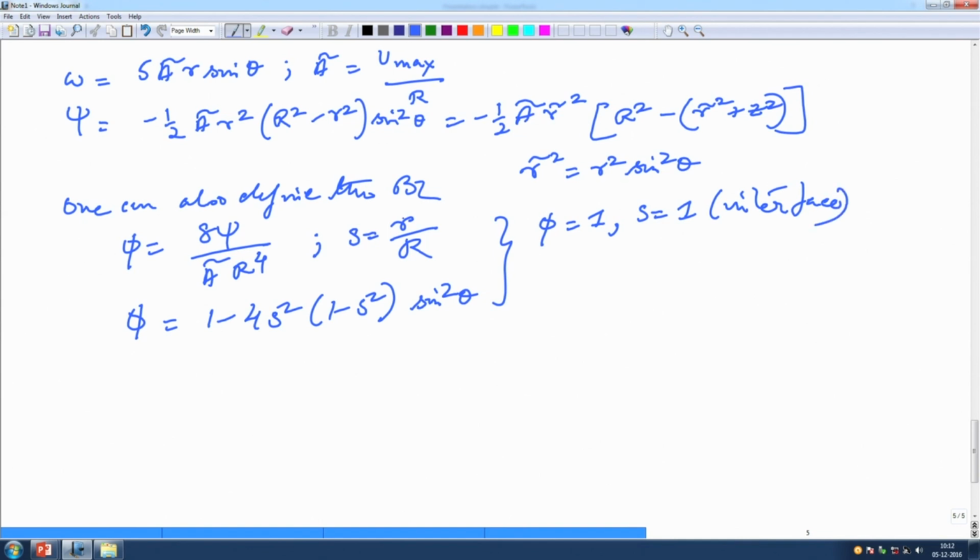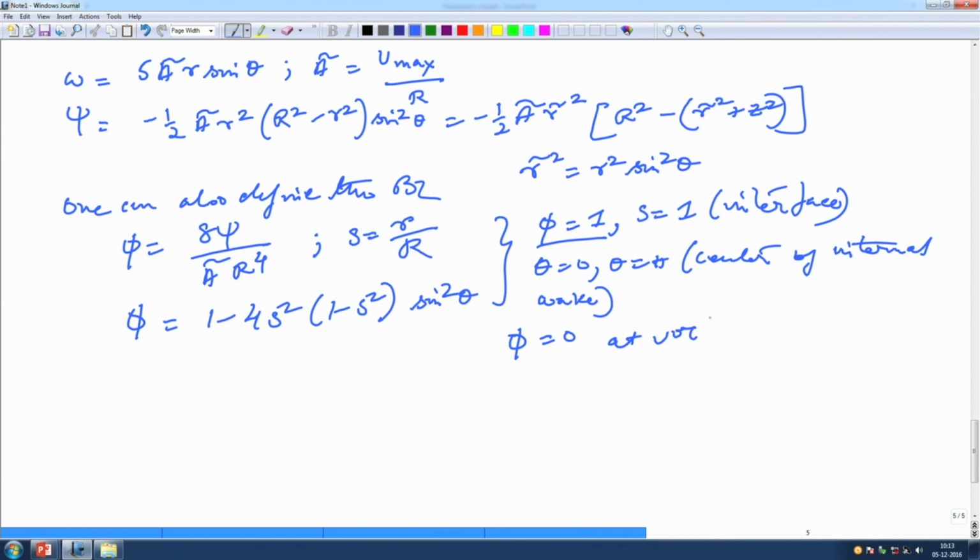S equal to 1 is basically the interface. And when theta is equal to 0 and theta is equal to pi, that means the center of the internal wake, that is also valid, the same thing. And phi is equal to 0 at the vortex center, which is basically theta is equal to pi by 2, s equal to 1 over root 2.